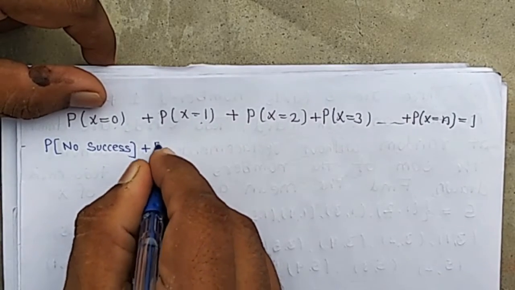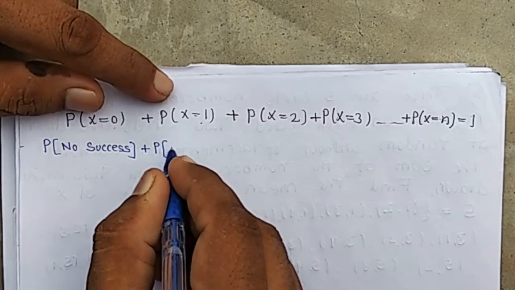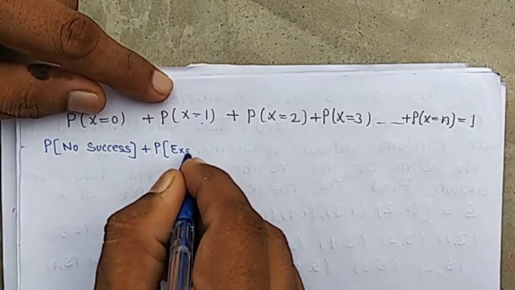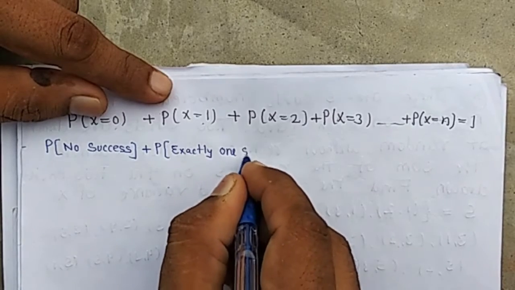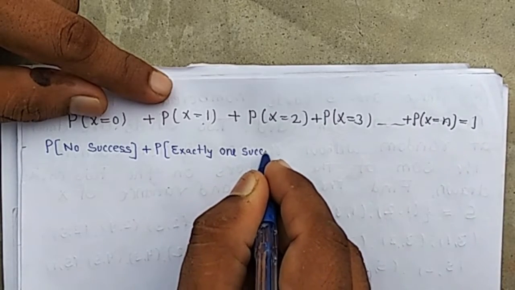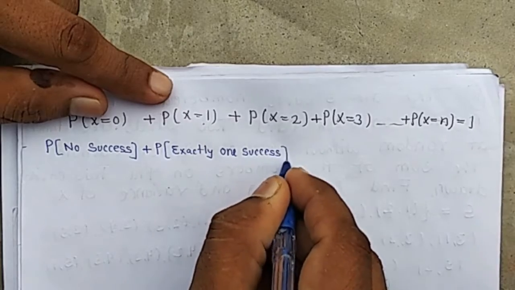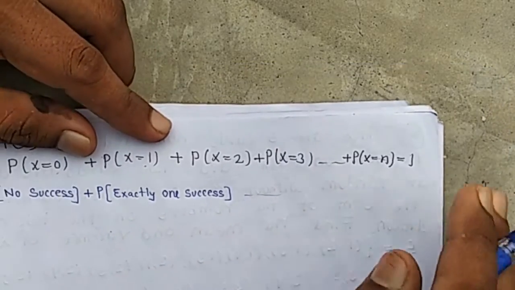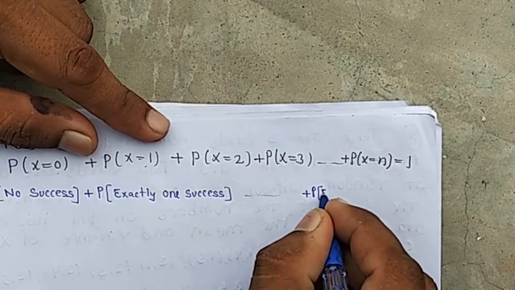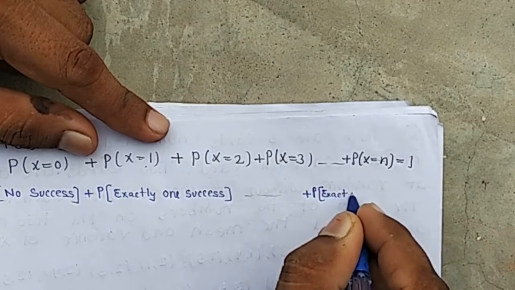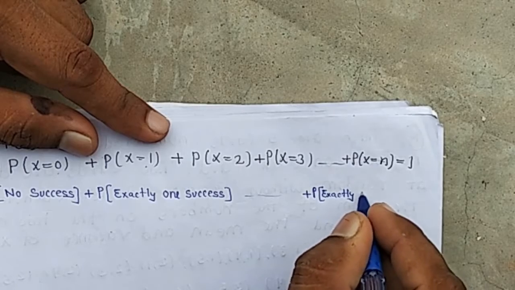X equal 1 means probability of exactly one success, and so on. X equal n is the probability of exactly n success.